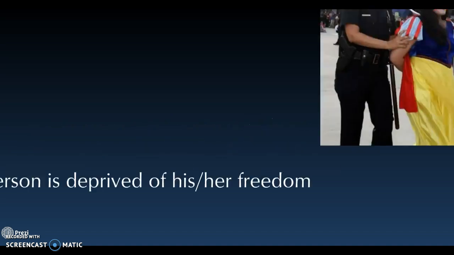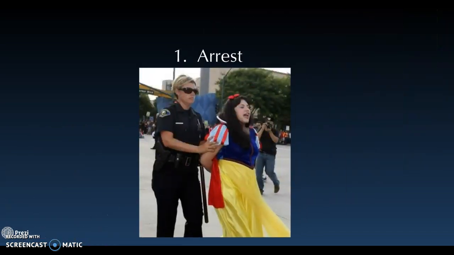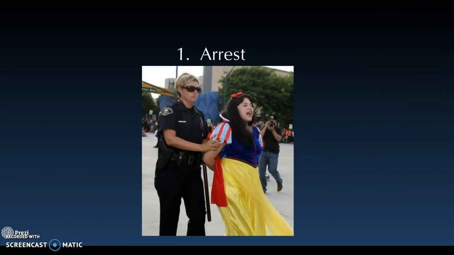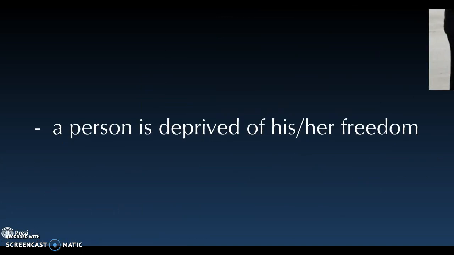A lot of people think that by putting the handcuffs on, that individual is arrested. That's not the case. You are arrested when the Miranda rights are read to you, or after the Miranda rights are read to you. You can be placed in handcuffs and detained and not be arrested.